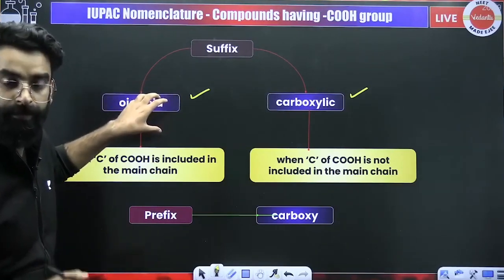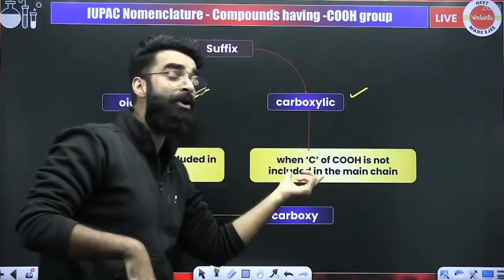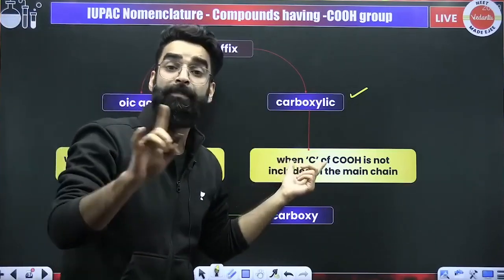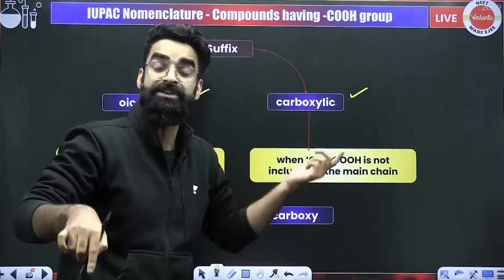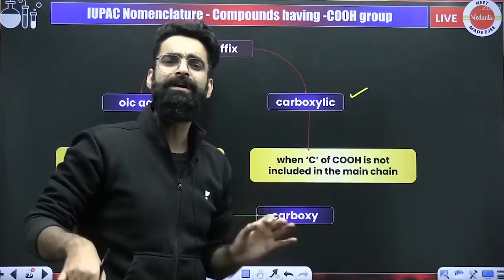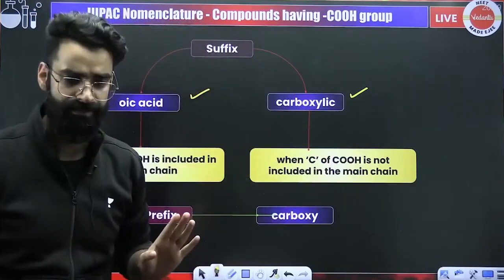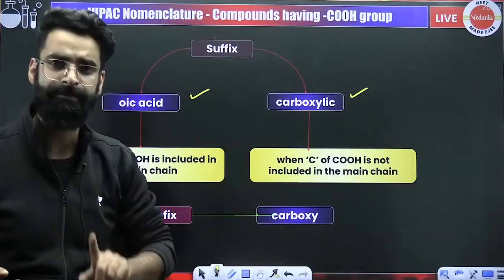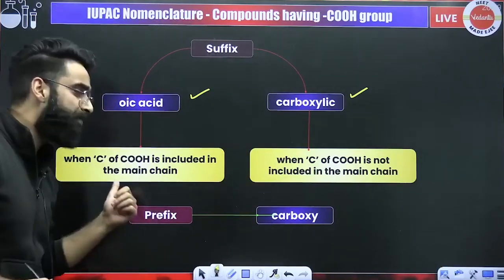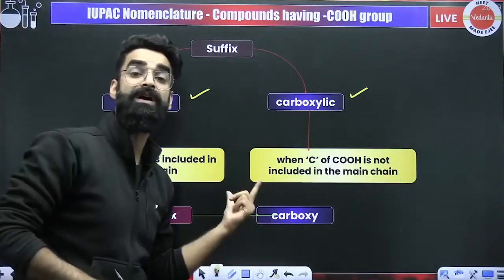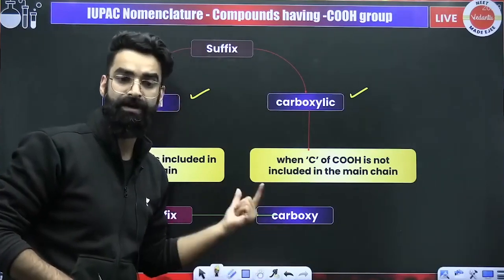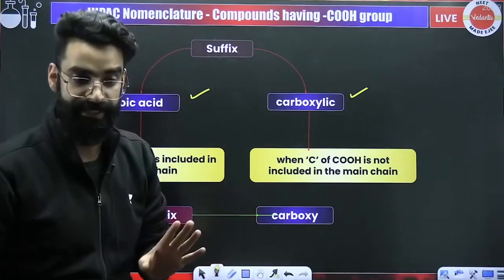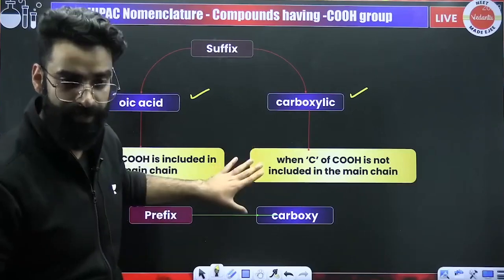And if the carbon of the carboxylic acid is not the part of the main chain, the suffix we need to use is directly carboxylic acid at the end. You'll get to know in some time what that means. And similarly, as a prefix, we use the term carboxy for the carboxylic acids. Let's have a look exactly what it means.